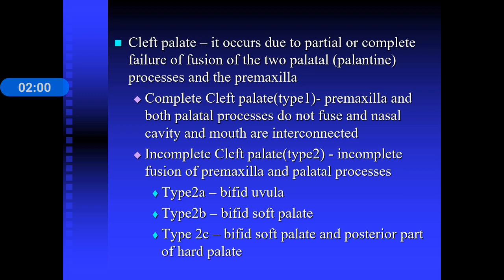In the incomplete cleft palate or type 2, there is incomplete fusion of the premaxilla and the palatal processes. In type 2A you have the bifid uvula, type 2B the bifid soft palate, and type 2C the bifid soft palate and the posterior part of the hard palate. So this is one type of classification.